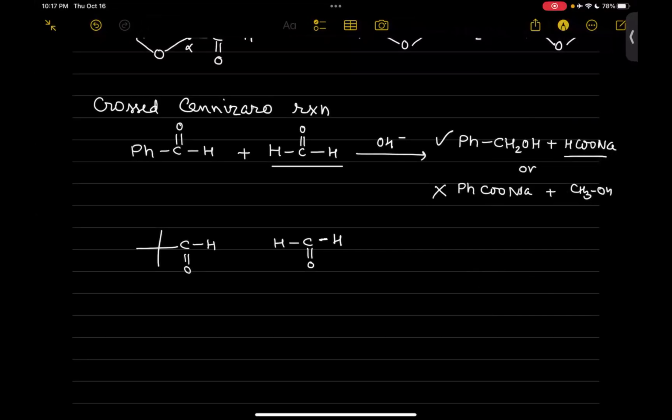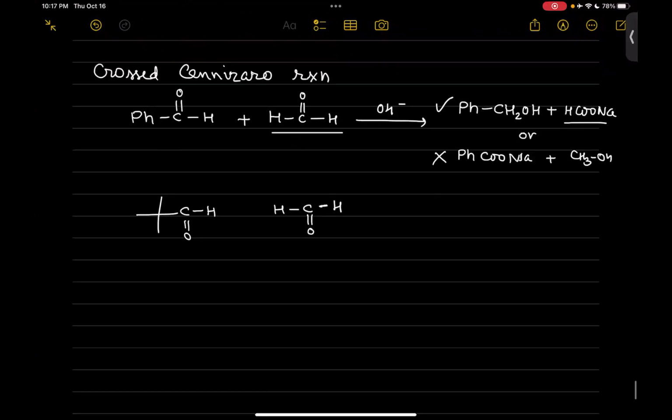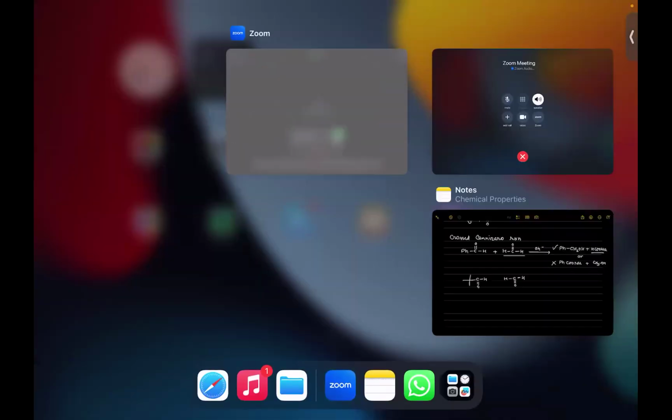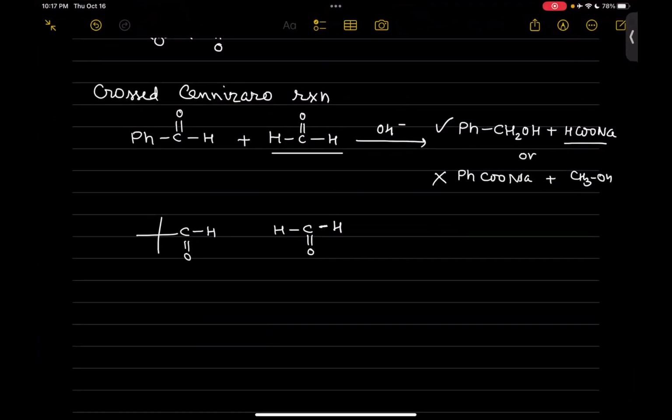I have taken both of them, right? Pyraldehyde and formaldehyde. When they are taken together and treated with a base, what will happen to them?